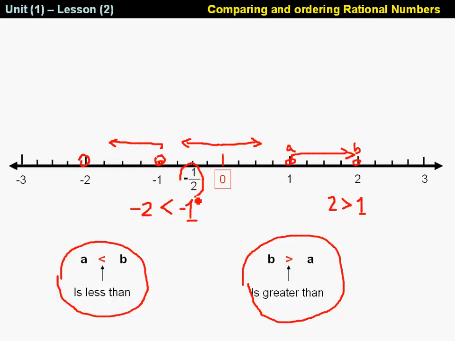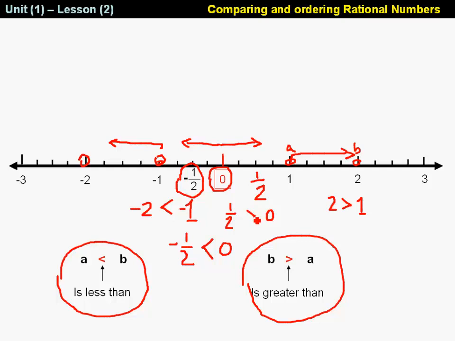If we write -half and 0, in between, what will we write, less than or greater than? -half is at the left of 0, so it is less than. Here is half. If we write half and 0, what goes in between, less than or greater than?